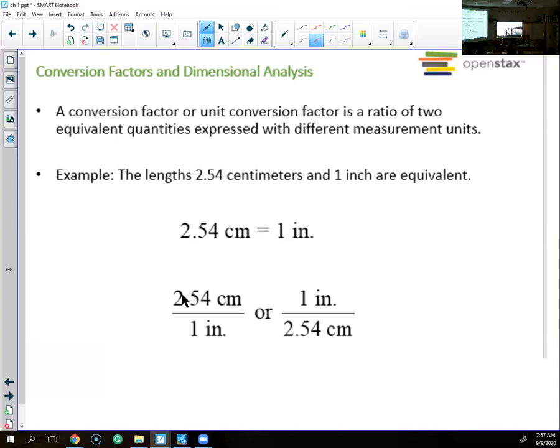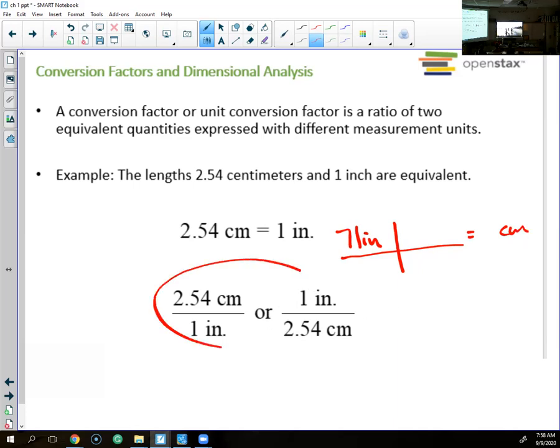So if I knew I'm 5'11", so let's see, how many inches is that? That's 71 inches, right? So if I want to know how tall I am in centimeters, I do what I call a picket fence. I take my height in inches. I want to solve for centimeters.